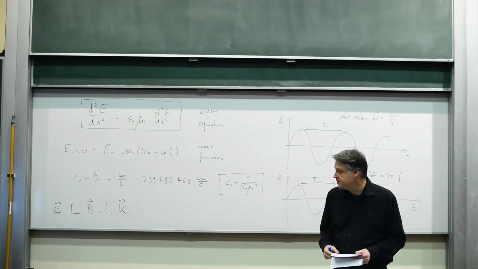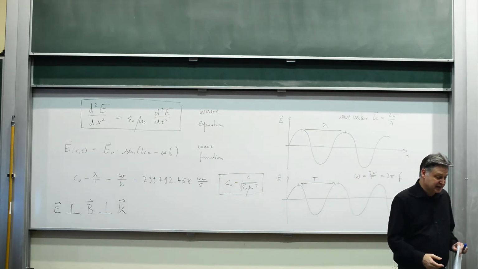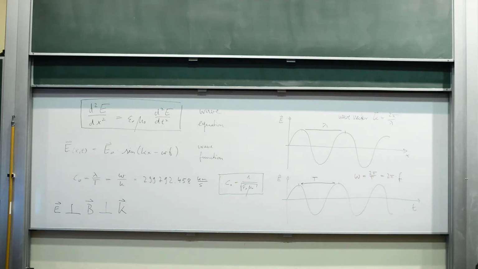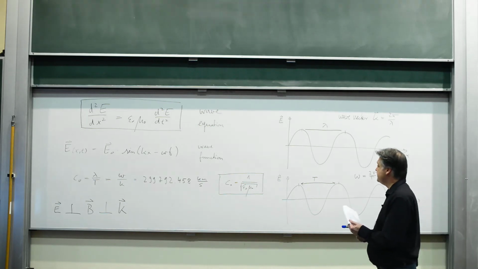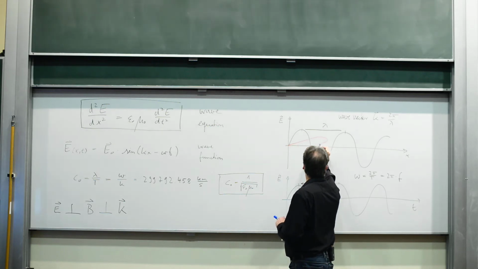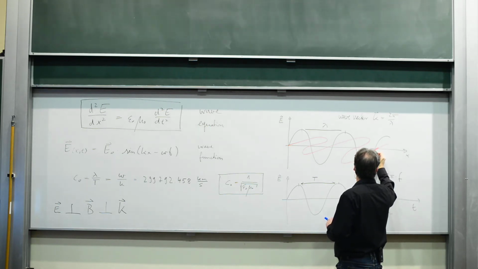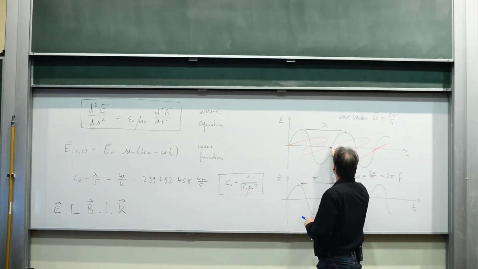Another important property of light is the relation between the electric field and the magnetic field, and I'll try to add that here in that figure. Magnetic field, sorry, that should go right through that same node here.